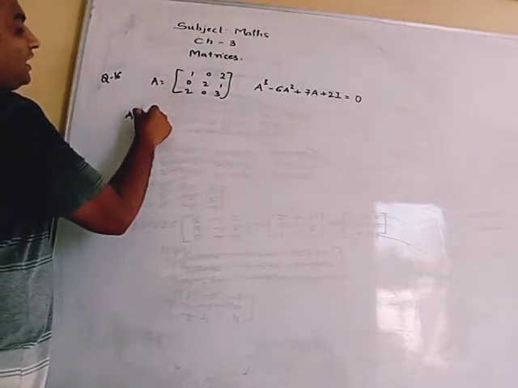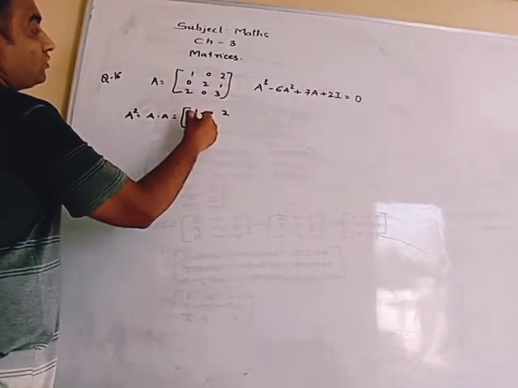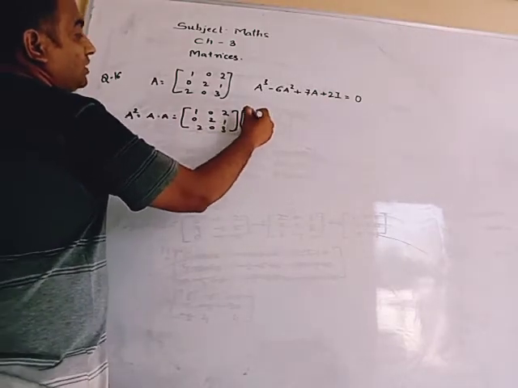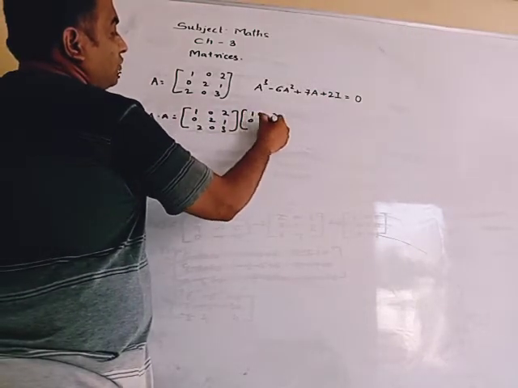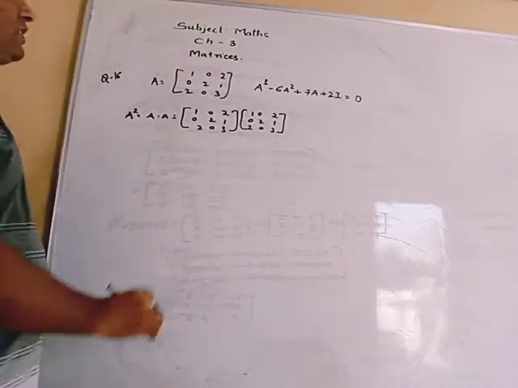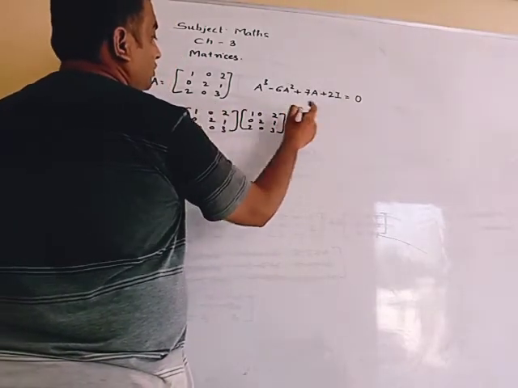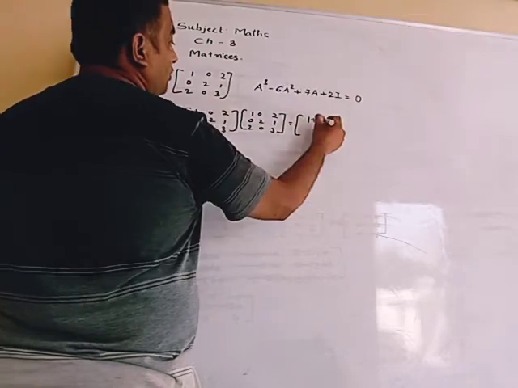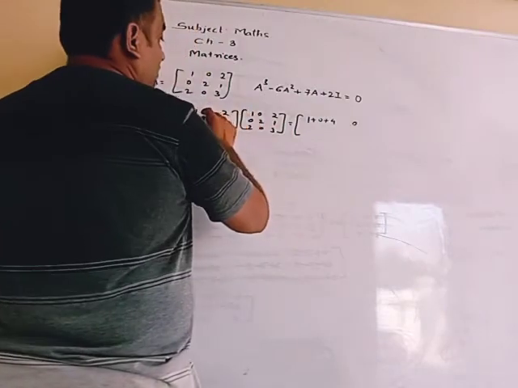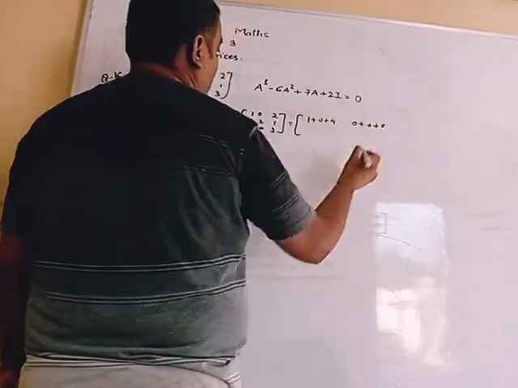A square means A into A, that is [1, 0, 2; 0, 2, 1; 2, 0, 3] into [1, 0, 2; 0, 2, 1; 2, 0, 3]. So we take matrix multiplication: 1 into 1, 1, 0 into 0, 0, 2 into 2, 4. 1 into 0, 0, 0 into 2, 0, 2 into 0, 0.